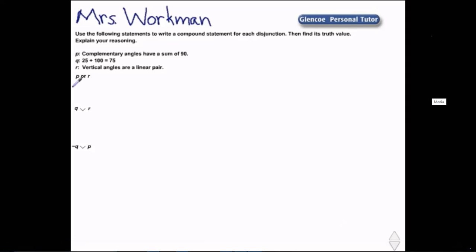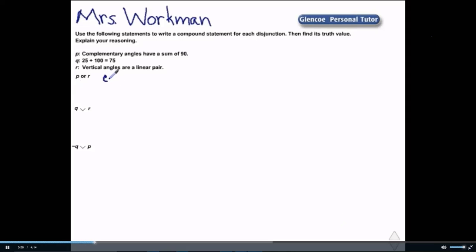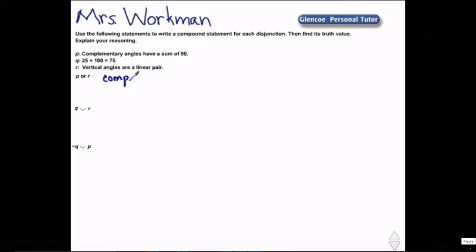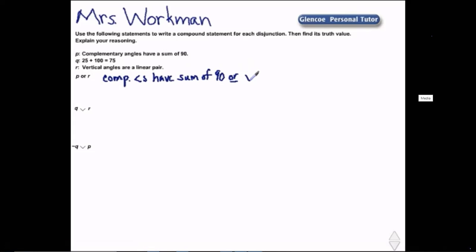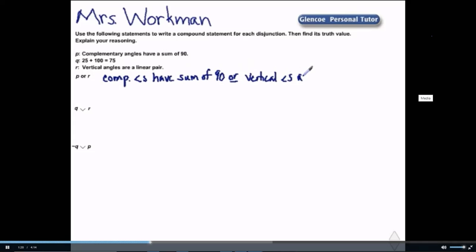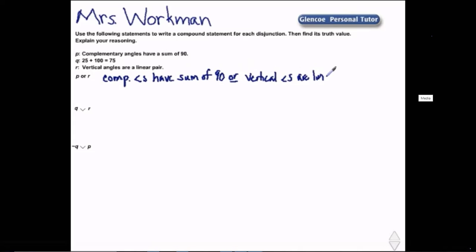The first one we're to consider is P or R. P says that complementary angles have a sum of 90, or R, vertical angles are a linear pair. That's what the disjunction looks like.